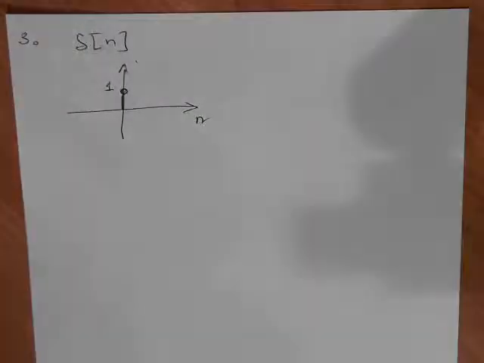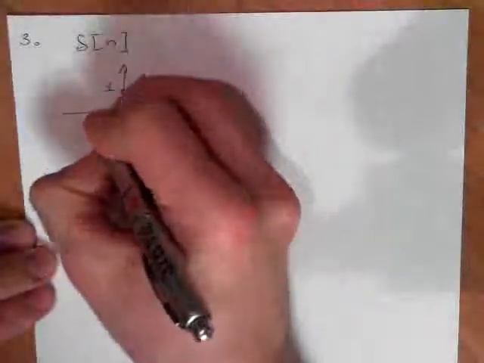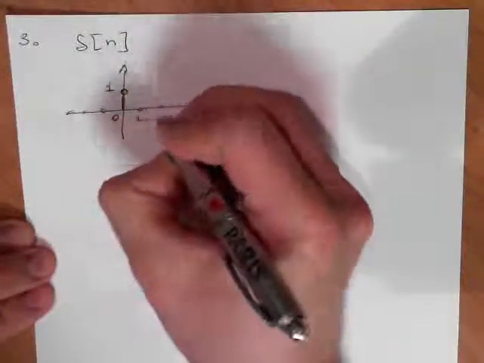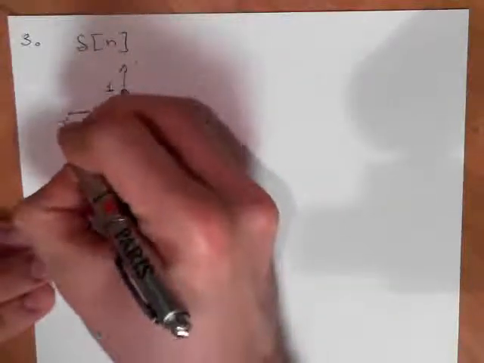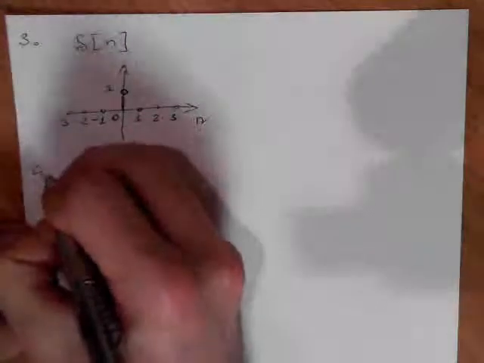At 0 it is 1. All other values are zeros. At 0 it is 1, at 1 it is 0, at 2 it is 0, at -1, at -2, at -3.